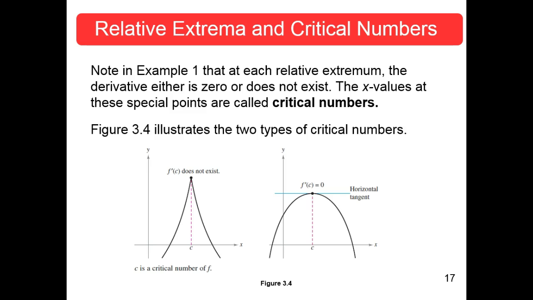The x values of these special points are called your critical numbers. Okay, or I like to call them critical values, but they call them critical numbers. The 2 types: where the first derivative doesn't exist, here it's going to positive infinity this way, negative infinity that way, it doesn't exist there, and here the slope is 0. So both of those are critical points.